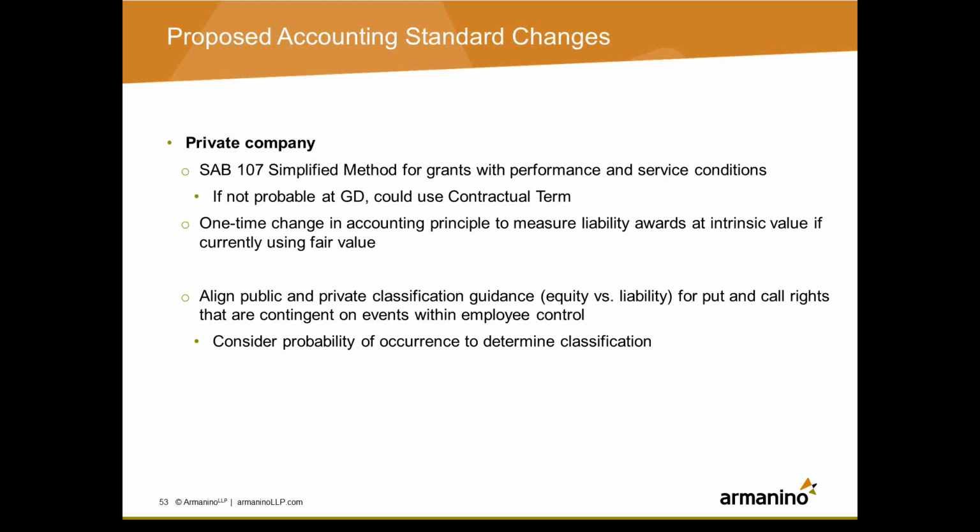So today as a private company, or even as a public company with certain conditions, you might be able to use the SAB 107 simplified method, the weighted average between the vesting period and the contractual life. But with performance conditions, you historically weren't able to do that. Now the FASB is contemplating making that available if there's a performance and service condition embedded in one award. It would be very nice, and even if you couldn't use it at grant date, you could use the contractual term.